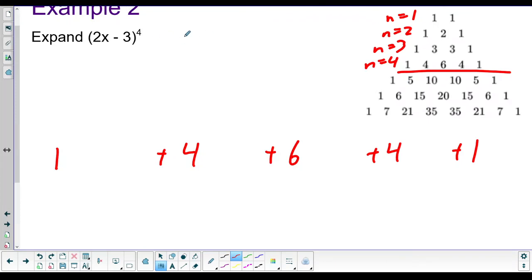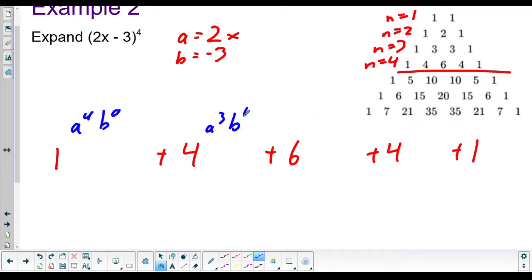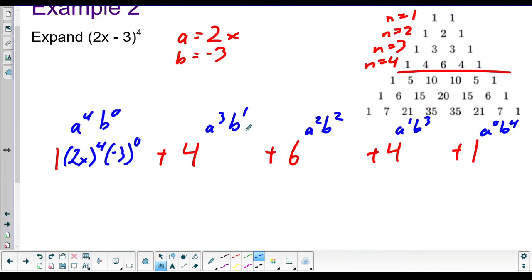We still need to know a and b. A is 2x, b is negative 3. So this is going to be a to the 4th, b to the 0. This could be a to the 3rd, b to the 1, a squared, b squared, a to the 1, b cubed, a to the power of 0, b to the power of 4. Okay, so this is going to be 2x to the 4th power, negative 3 to the power of 0.